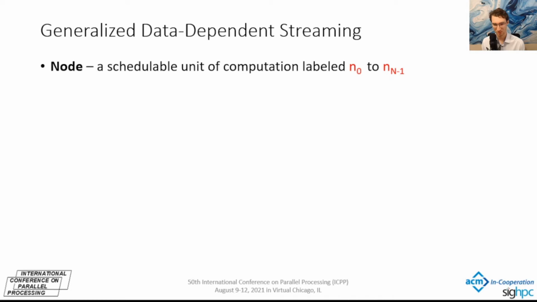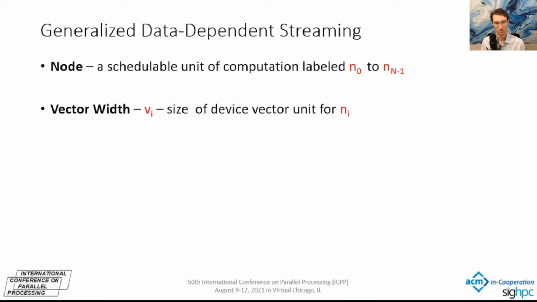A generalized data-dependent streaming application can be fully defined using only the following set of definitions. 1. A node, which is the schedulable unit of computation, which will be strung together into a pipeline. 2. The vector width, V, which is the device vector width for each node in the pipeline. Hypothetically, it could be a variable vector width, but in practice, we find that it is often a set vector width based on the device in question.